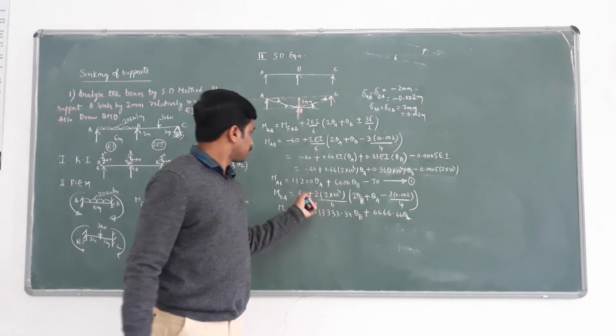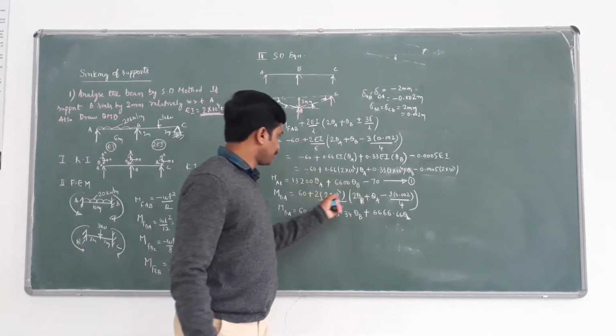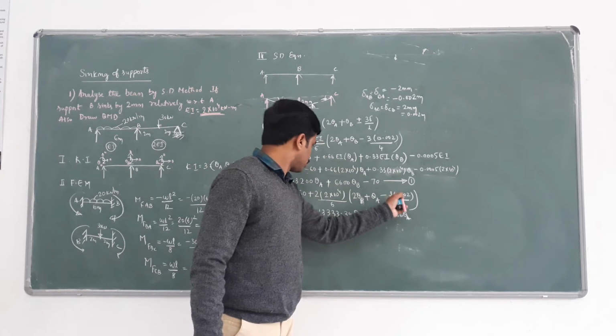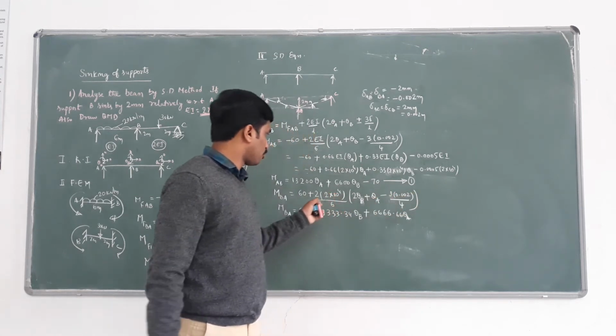Next, 2 into 2 into 3 into 0.002 into 10 power 4 divided by 6.